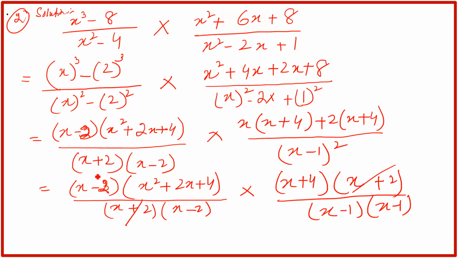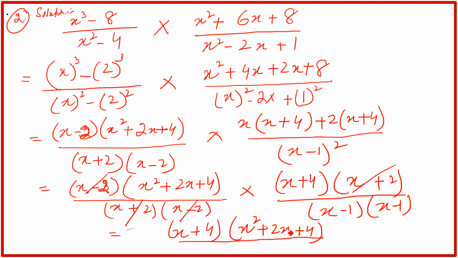Because this is the cube of 2, so this will cross with x minus 2, and whatever is remaining, x plus 4, x plus 4, x square plus 2x plus 4 in the numerator we have left. In the denominator again we have x minus 1, so you can write down x minus 1 whole square or x minus 1 into x minus 1. So this is the answer.